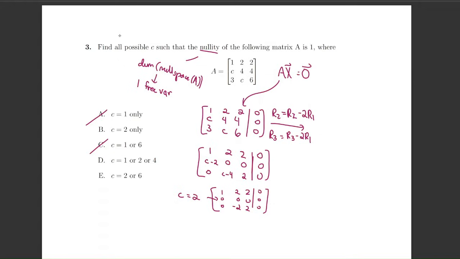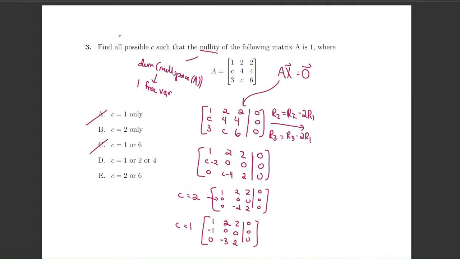Okay, and then from here, I guess the quickest way would be to look at your answer choices. If c is equal to 1, you have 1, 2, 2, 0, 0, 0, negative 1, 0, 0, 0, 1 minus 4 is negative 3, 2.